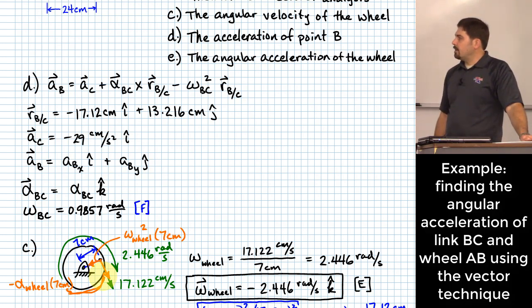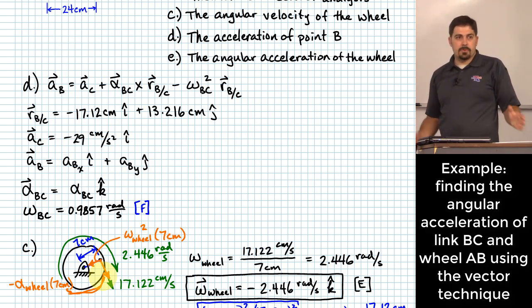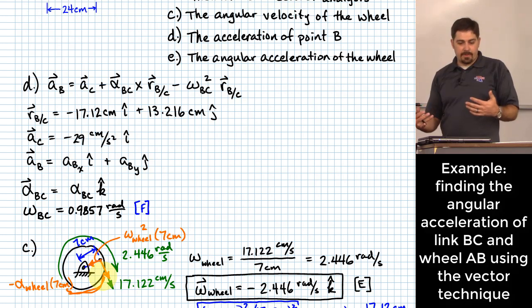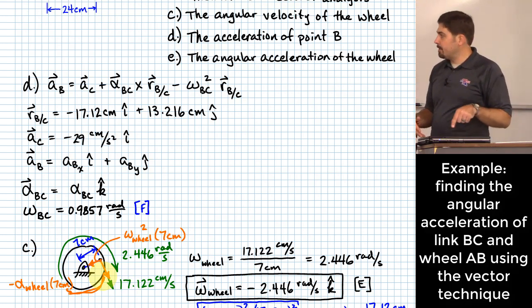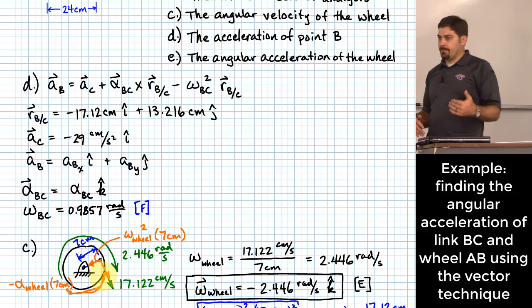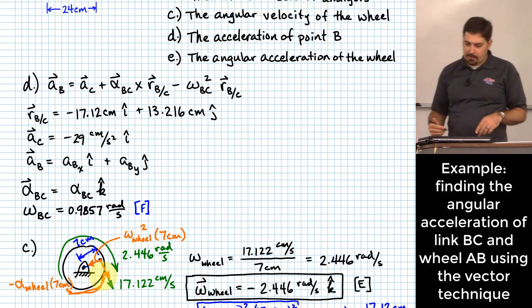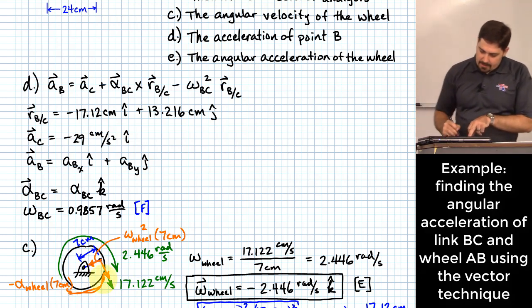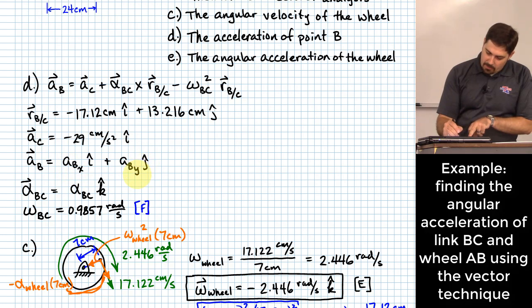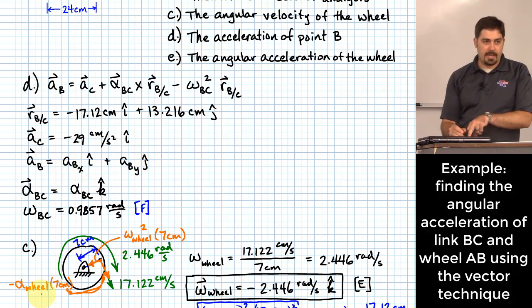Okay? Well, now what I need to do is look at those two components of acceleration and resolve them into I and J, right? Because now I can express them in terms of alpha wheel, and remember, omega wheel is something I already know. That's a known value. So I can now express both ABX and ABY in terms of just one unknown, which is the alpha of the wheel, right?